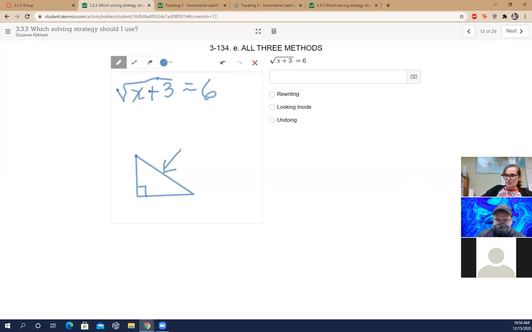And then we've got our 2 legs. One is A, one is B, and our hypotenuse is C. And remember, to find out what C is, we go A squared plus B squared equals C squared. So this method is what we would use for solving for one of those.